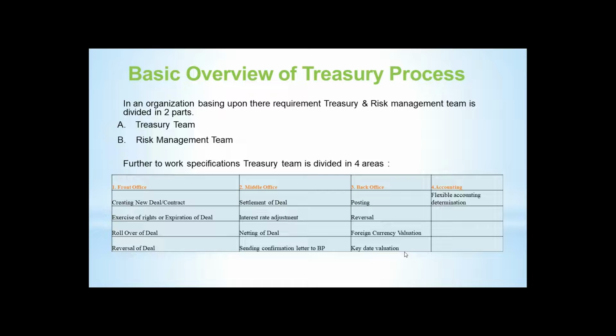So what will the front office team do? Create a new deal or contract, exercise rights, expiration of the deal, and rollover. Rollover means suppose you have done one investment, let's say for 6 months, and the 6 months end today.